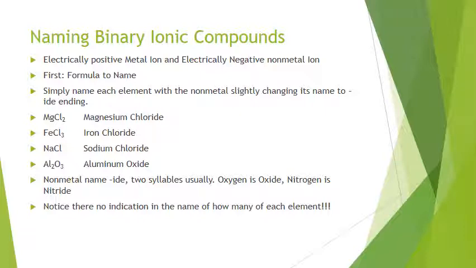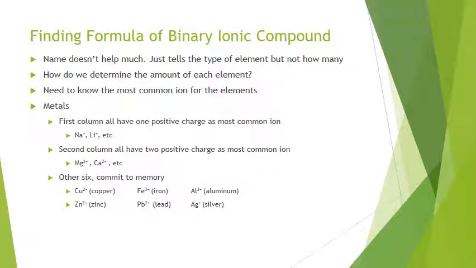So now we're going to do names to formulas. Finding a formula, like I said, the name doesn't help much. It just tells the type of element, but not how many. So how do we determine the number of each element?